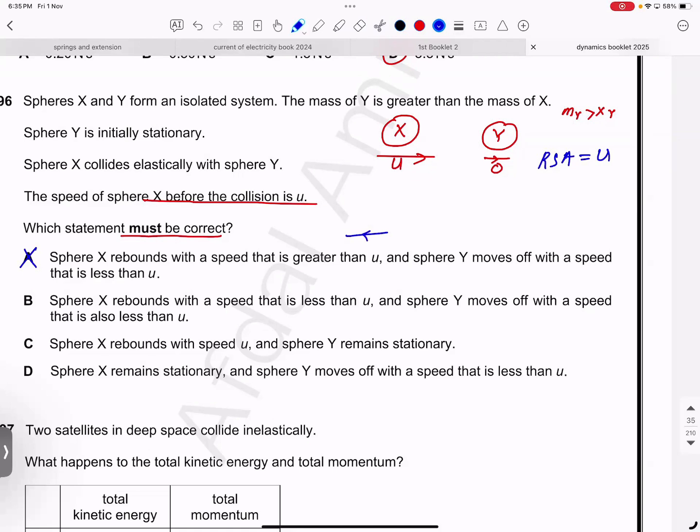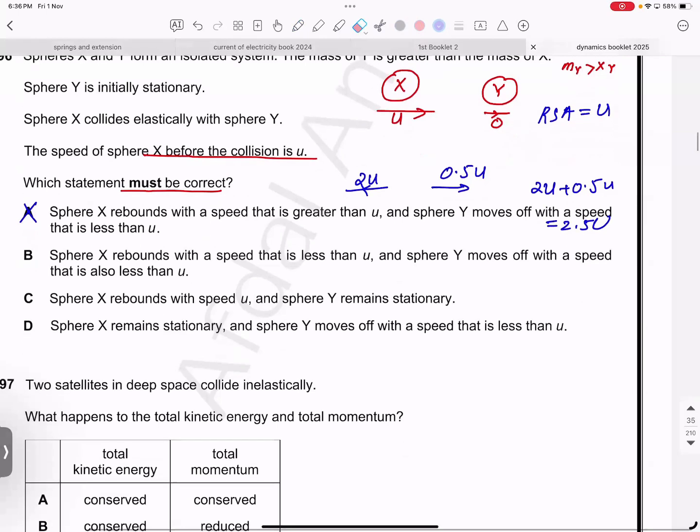And Y goes less than u, choose anything less, half u. In opposite directions you will add them, so 2u plus 0.5u becomes 2.5u, which is more than the speed of approach. Option A is wrong. Did you understand?